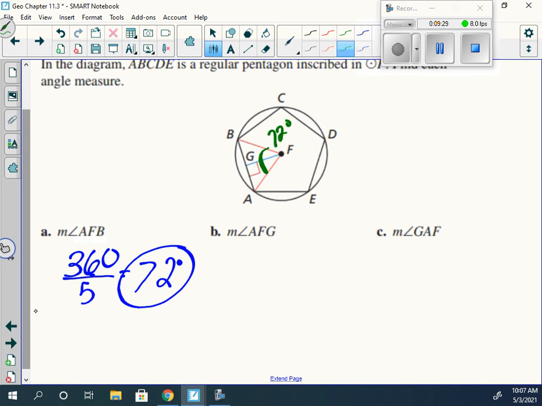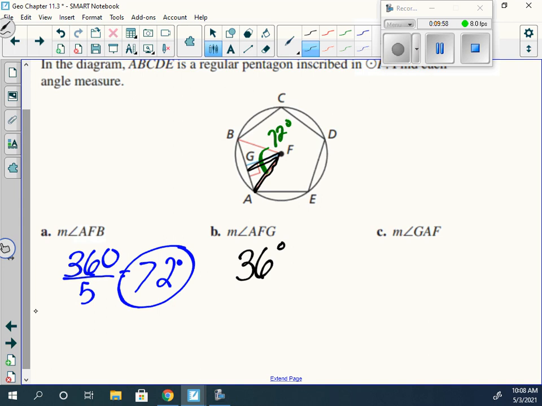Now our apothem is an angle bisector. So what does that tell me about the two angles inside of that triangle? What does an angle bisector do?